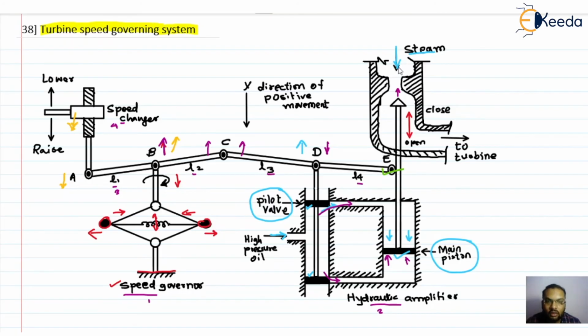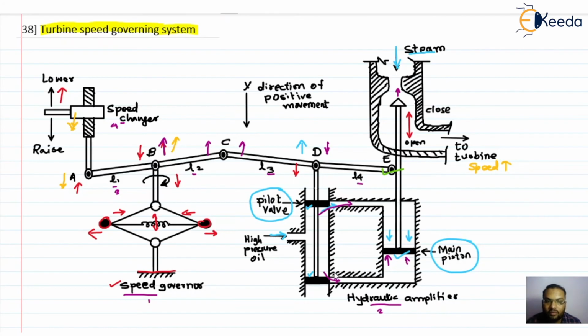That way the rate of steam is increased, and due to that the turbine speed will increase. Suppose you want to decrease the speed, if you want to lower the speed, pull it up. Due to that, point A will go upward and point B will go downward. As point B is going downward, D will also move downward.